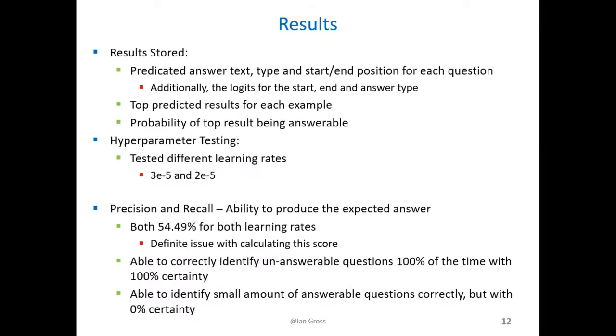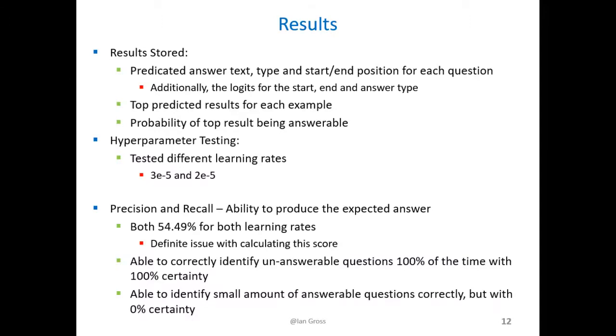So for some results, I predicted the answer type, the text, the start and end position of each answer in the question, and additionally the logits for the start, end, and answer type. The top predicted results for each answer were calculated, along with the probability of each top result being answerable. I also tested two different hyperparameters.